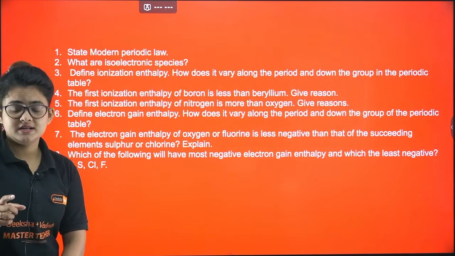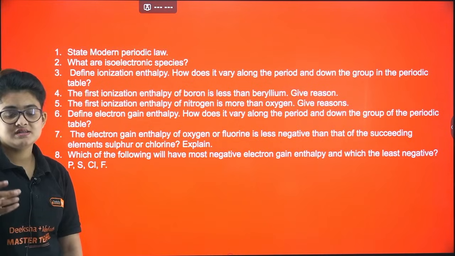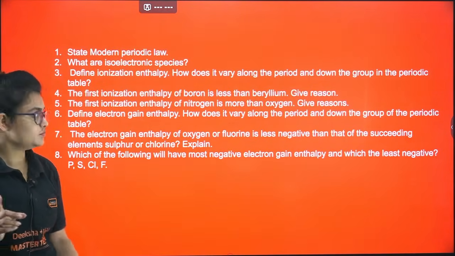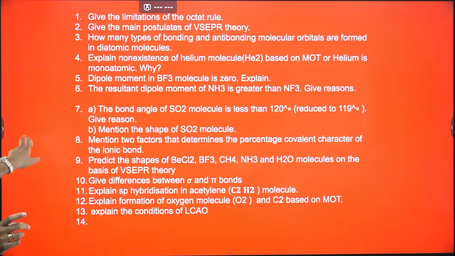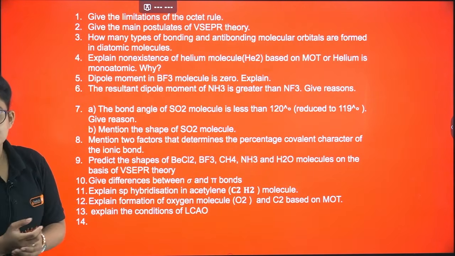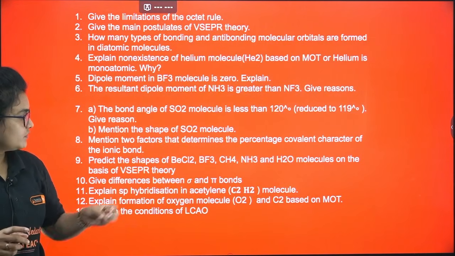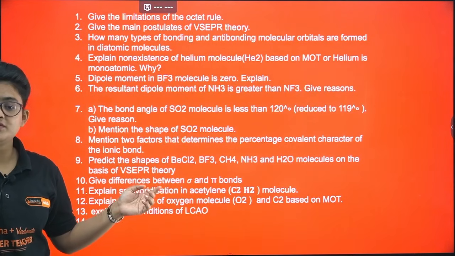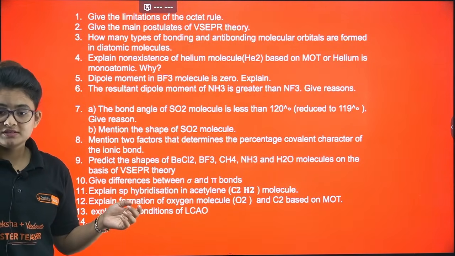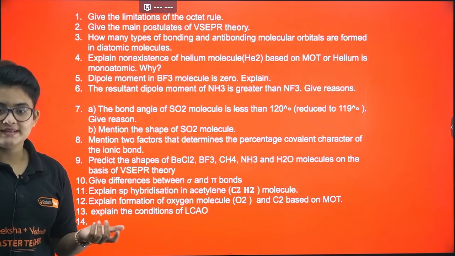Again, I'm telling you, if you want proper answers with clarification, then please do watch that video. Chemical bonding, here comes the set of questions. Limitation of octet rule, VSEPR theory. VSEPR theory postulates are very important. For a few compounds you have to explain with respect to the VSEPR theory, like BeCl2, CH4, NH3, H2O, like that.